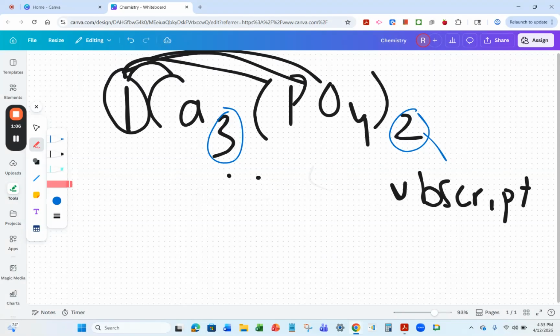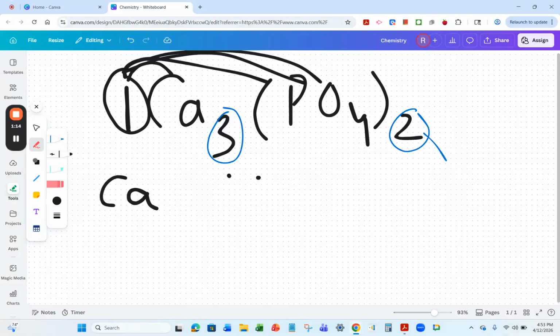Let's use the formula. We can see here we have a total of 3 different atoms: calcium, phosphorus, and oxygen. You can see parentheses. If you have any number outside the parentheses, it's a joint subscript. So we just multiply.